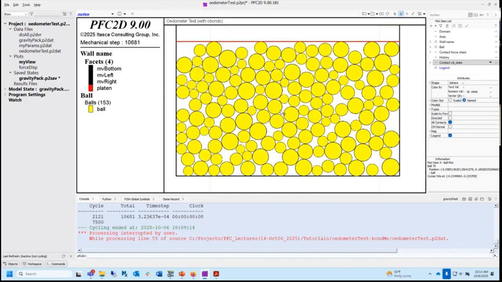This way, you have a controlled way of building a material that's well characterized. If you were to just let the particles settle under gravity, you would have a very loose microstructure. When we do the construction process, we're going to have no gravity. We're going to squeeze it uniformly from all sides so it's isotropically compacted, meaning its properties are the same in all directions.